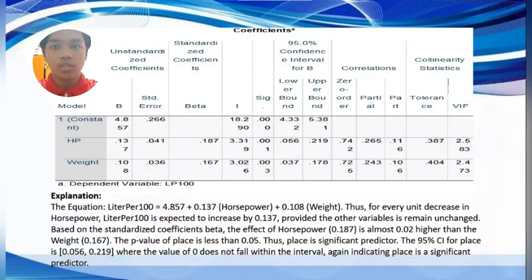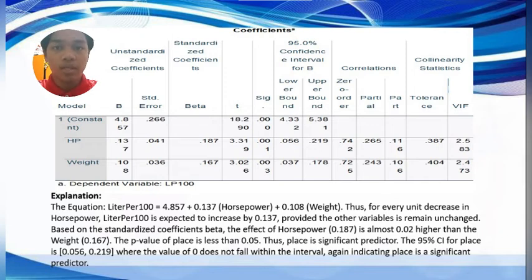Explanation. The equation is liter per 100 equals 4.857 plus 0.137 for horsepower plus 1.08 for weight. Thus, for every unit decrease in horsepower, liter per 100 is expected to increase by 0.137, provided the other variables remain unchanged.